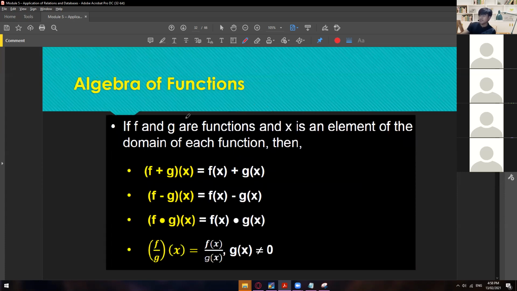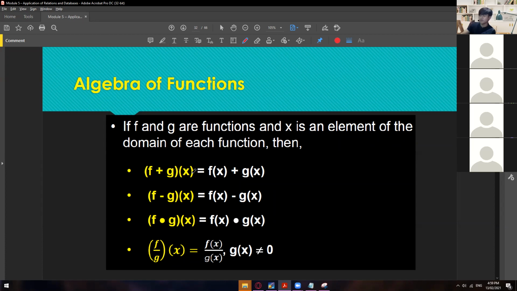All right, so we have here algebra of functions. We have plus, minus, multiplication, and division. Basically, if you're going to combine two functions, function 1 is represented by f, and function 2 is represented by g. If you're going to perform an addition, this is the format.